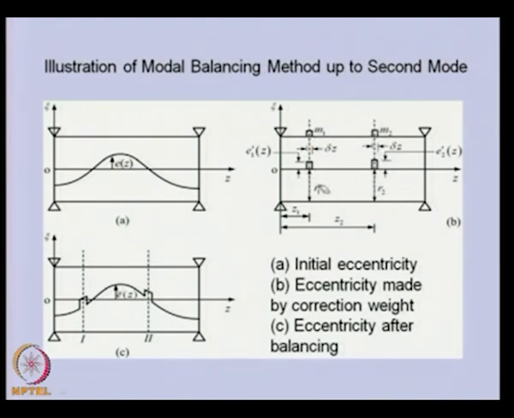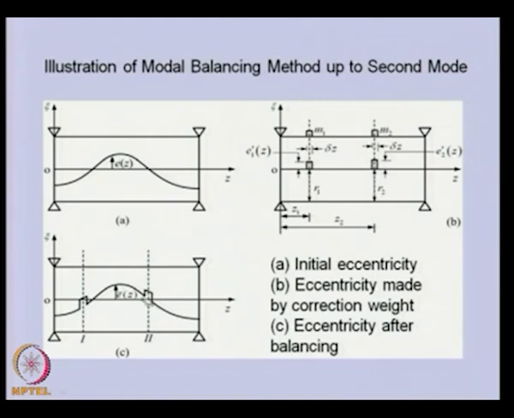Generally it will be uniform, but even if not uniform, we can choose different radii, no problem. This mass will have some finite length, and these are the eccentricities corresponding to these masses. We'll see how we can get this eccentricity in the subsequent slide.